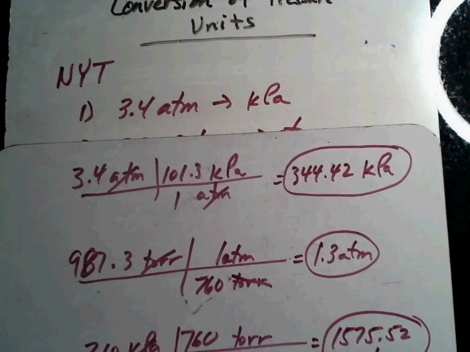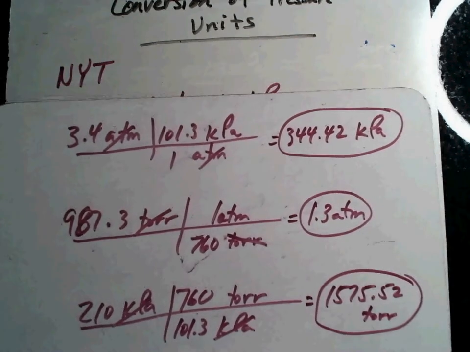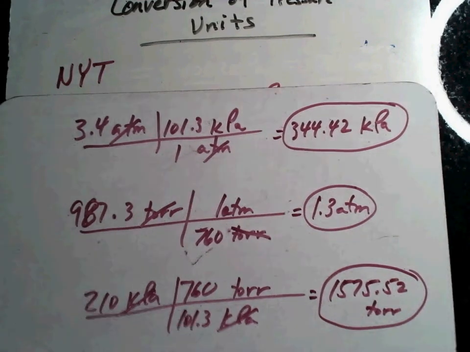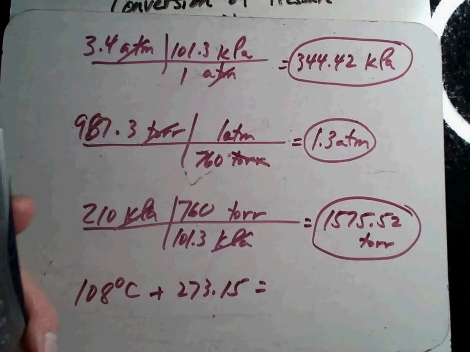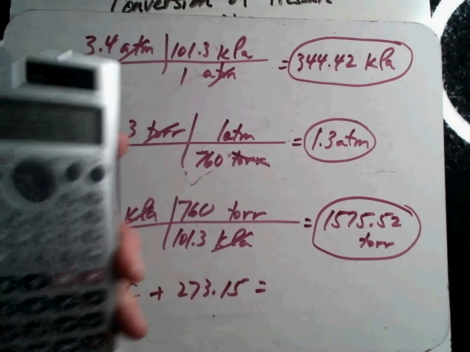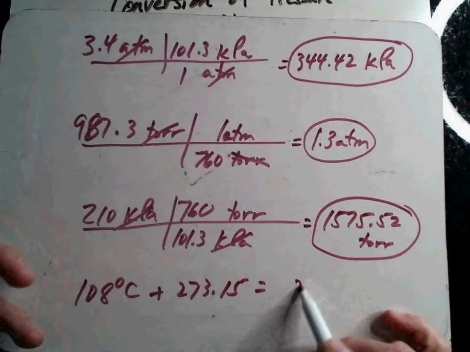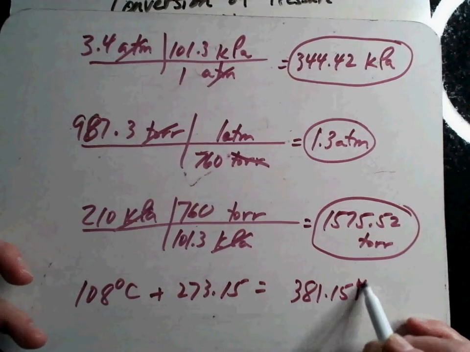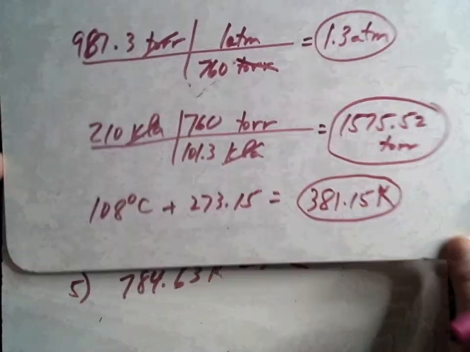Question number 4 was 108 degrees Celsius to Kelvin. Kelvin numbers are always bigger, so 273.15 is just an addition. So 108 plus 273.15 equals 381.15 Kelvin. Remember, there's no degree sign.